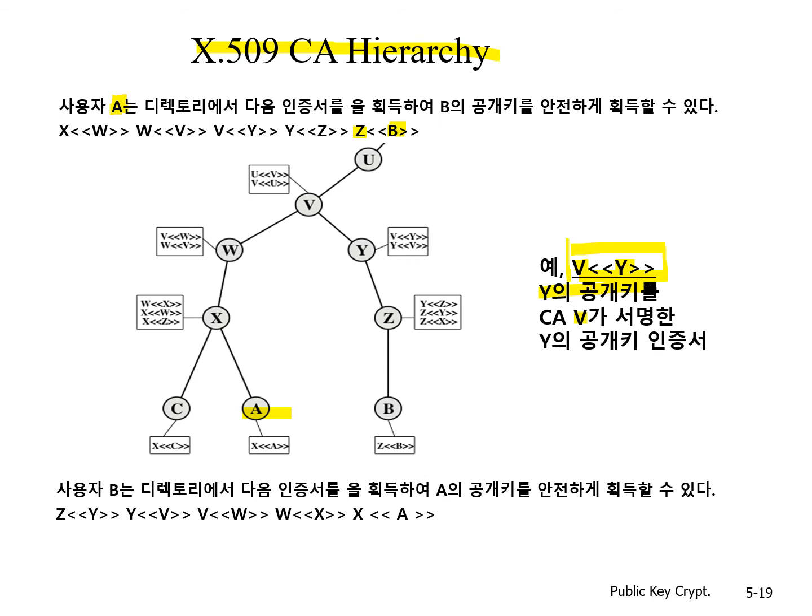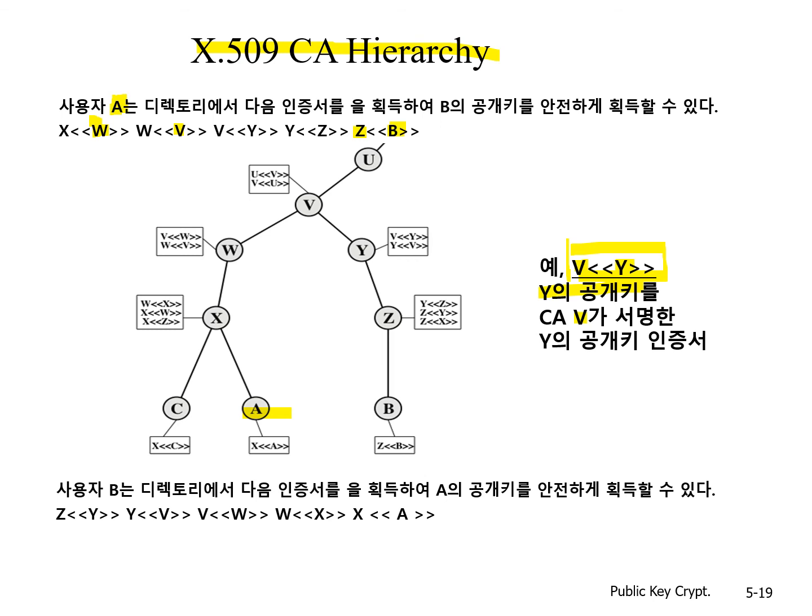Instead, Alice can obtain W's public key. Then, using W's public key, obtain V's public key.